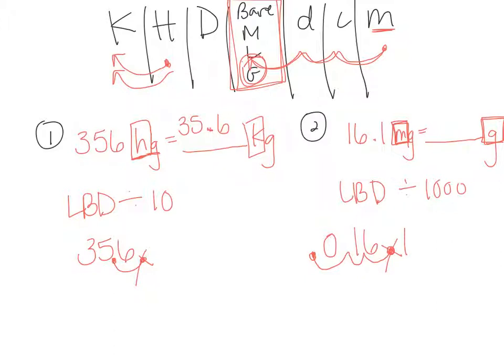Now I'm going to write my new answer: 0 and 0, 1, 6, 1. I would say that is 0 and 161 10,000ths grams. Looking at both of these answers, I was using division, so both of my numbers should have gotten smaller, and they did, which means I must have solved them correctly.